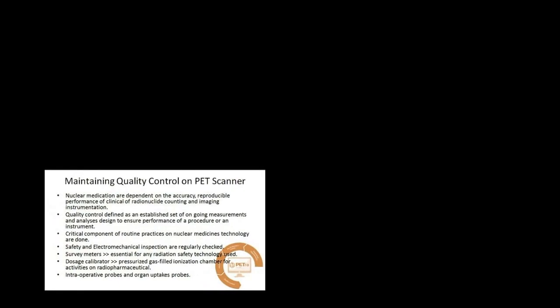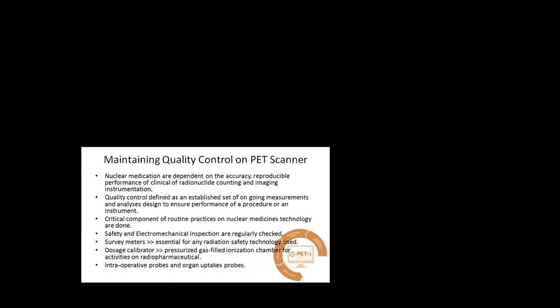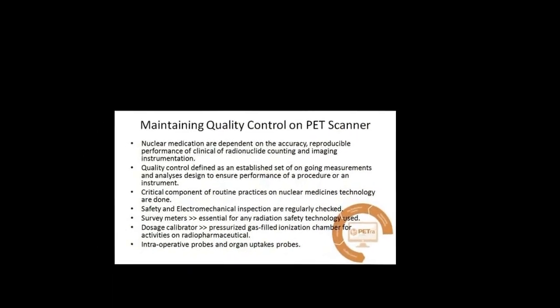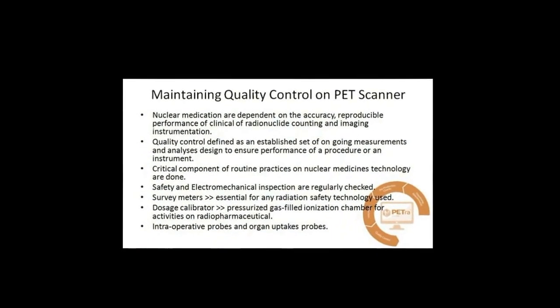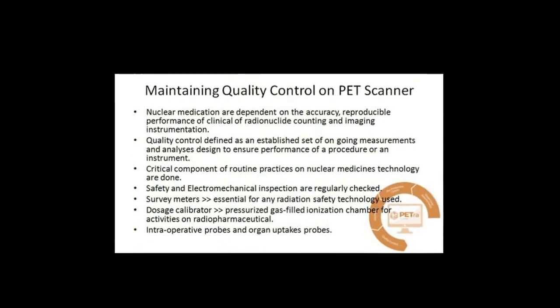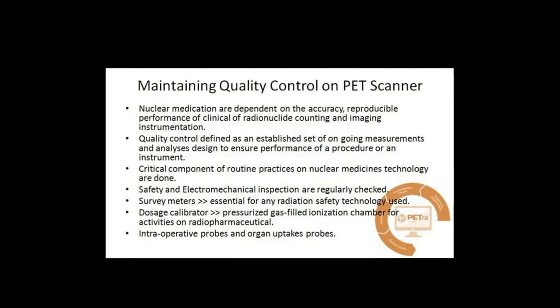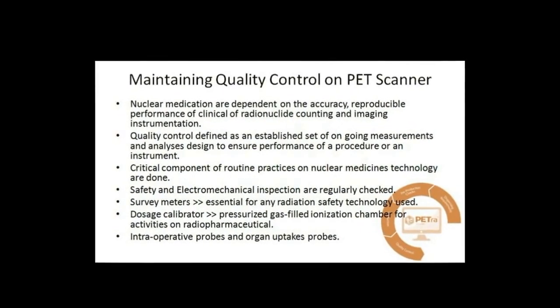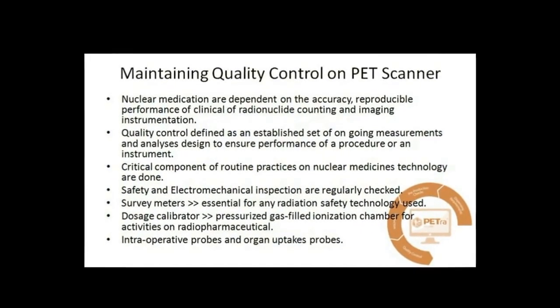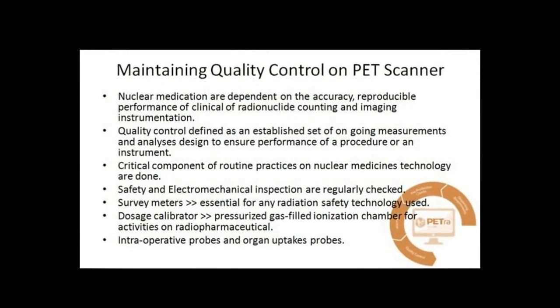Well, for maintaining quality control on a PET scanner, nuclear medicine is dependent on the accuracy of imaging instrumentation. Quality control is defined as establishing a set of ongoing measurements and analyses designed to ensure performance of a procedure. The critical components of routine practices in nuclear medicine technology are done also.